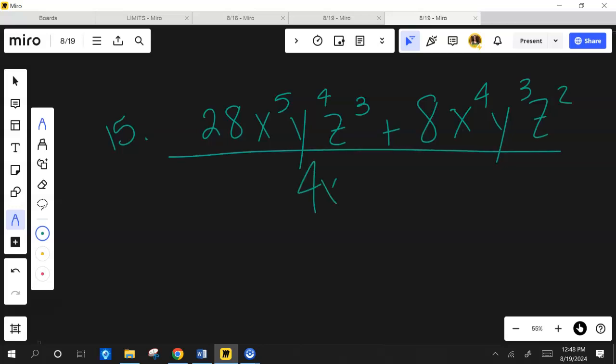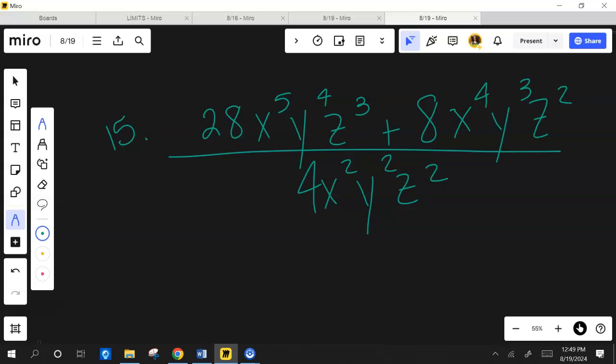Max, stay with me, buddy. This is light work. While you're writing that, it's number 15. It's already written down for you.